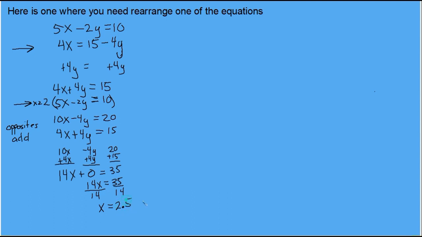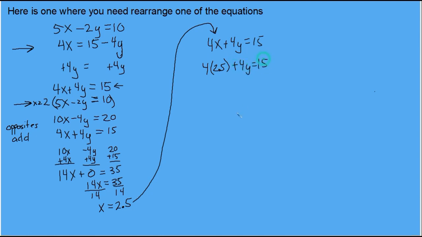So I'm going to use that to substitute back into any of the equations above. So I'm going to use 4x plus 4y equals 15. So I'm going to put it back in there for x. 4 times 2.5 plus 4y equals 15. So now I get 4 times 2.5 is 10 plus 4y equals 15.